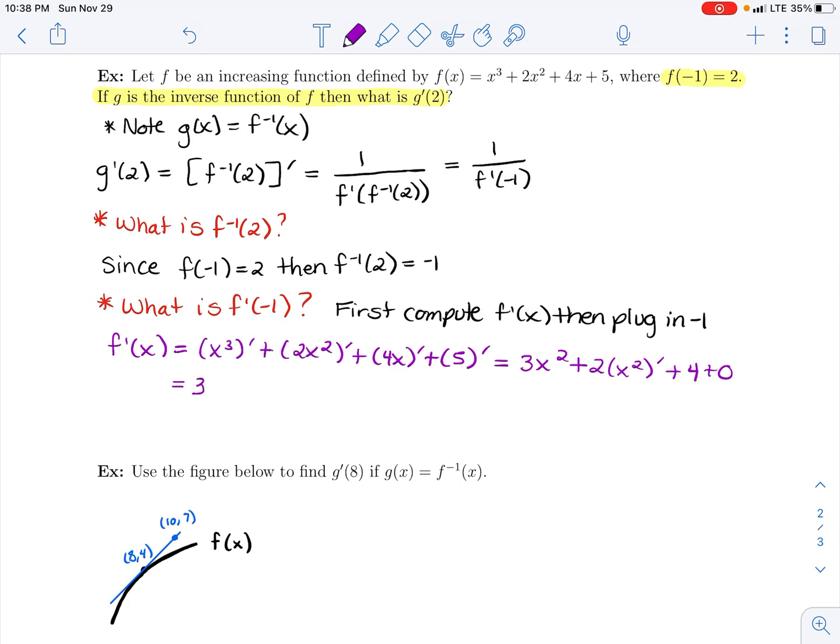Okay, and then this finally gives me 3x squared plus 2 times 2x plus 4, which is equal to 3x squared plus 4x plus 4. So f prime of -1 is equal to, I'm just going to plug in -1 wherever I see x into this function.